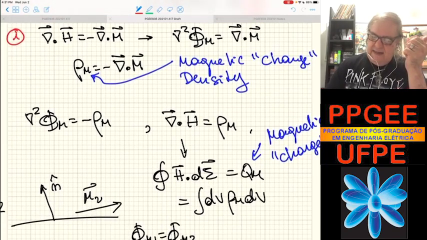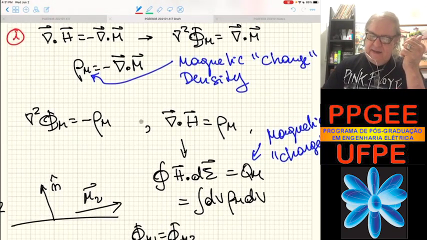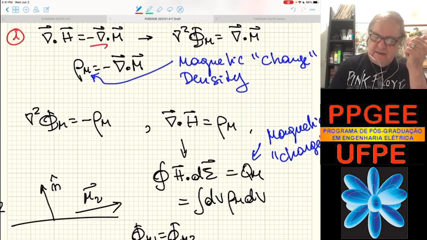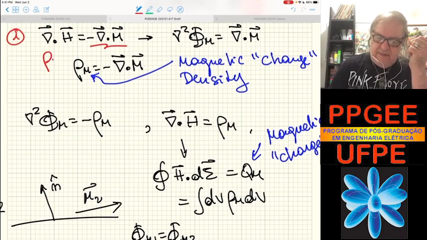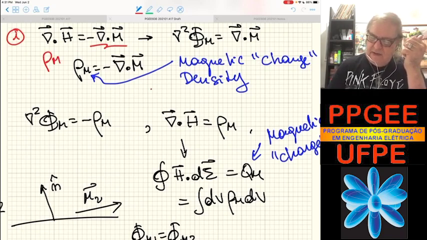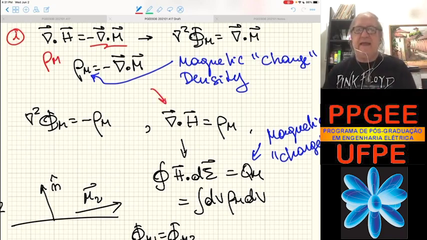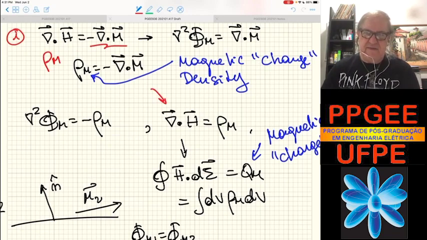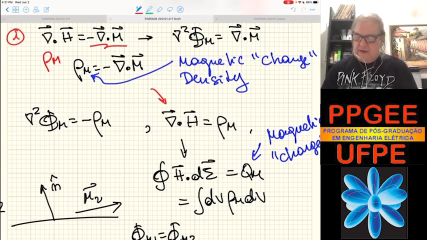And the equation for divergence of H is equal to rho m. So it's like H was the electric flux density vector in electrostatics.